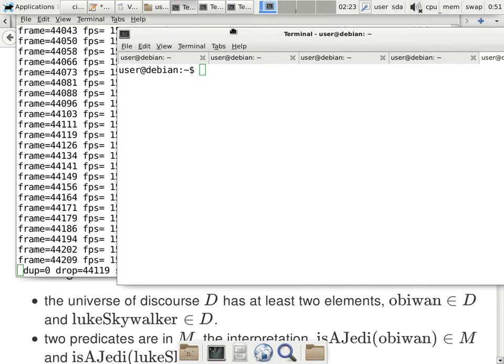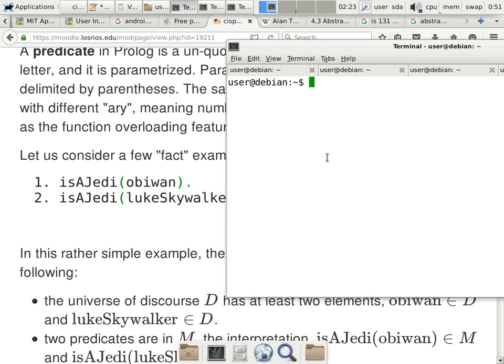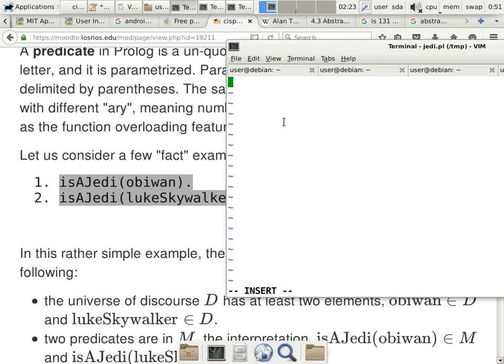I'll start a new file, and we'll call it Jedi.pl. All I'm doing is copying and pasting all this code here. Paste like that. Okay, there we go.